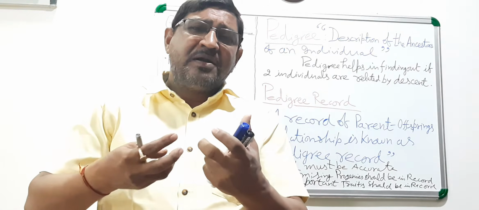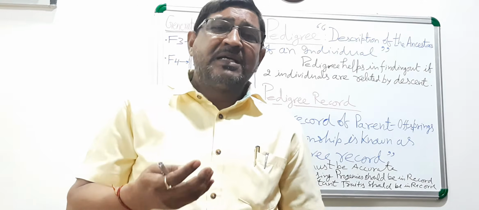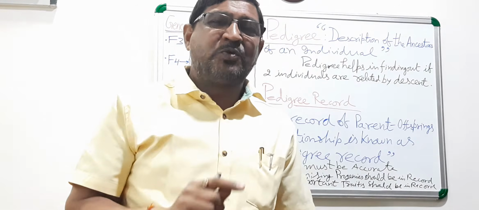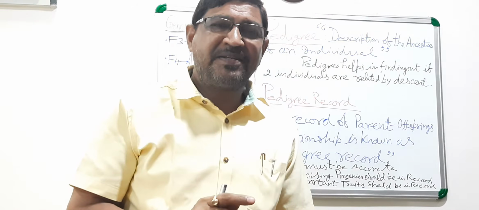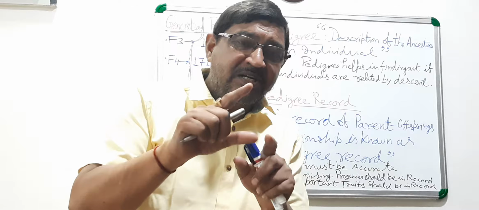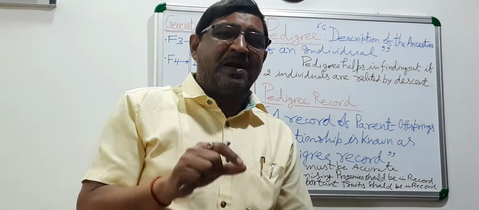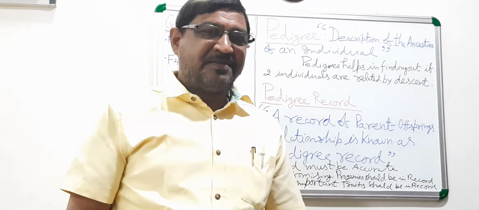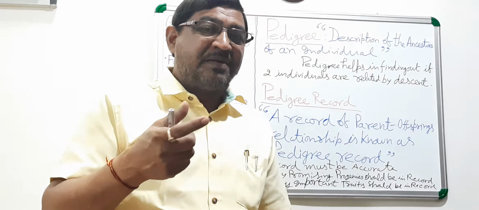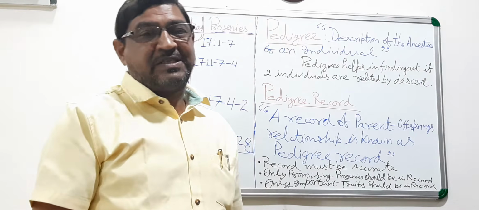If it is a plant, you are describing the ancestors of that particular plant which you have selected. This is pedigree, the description of ancestors.